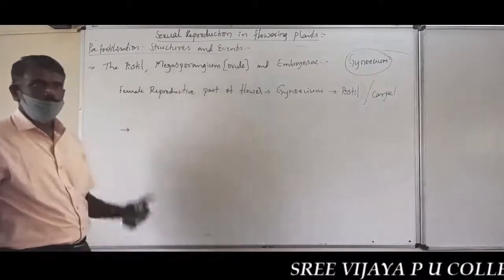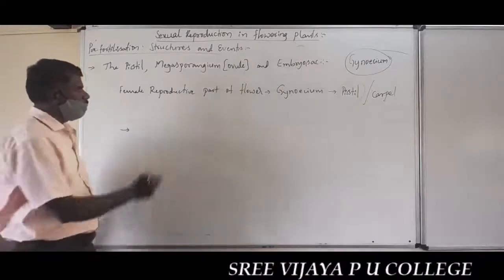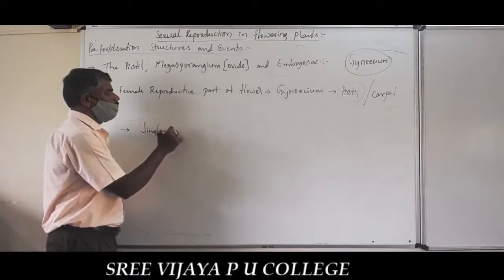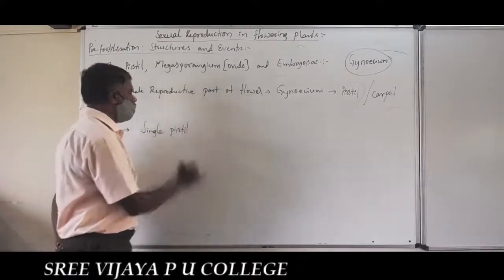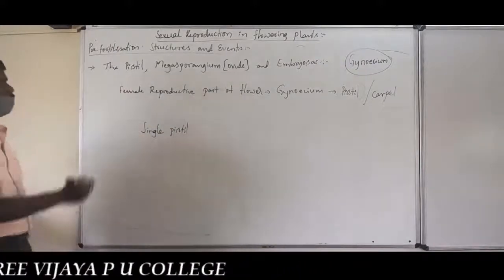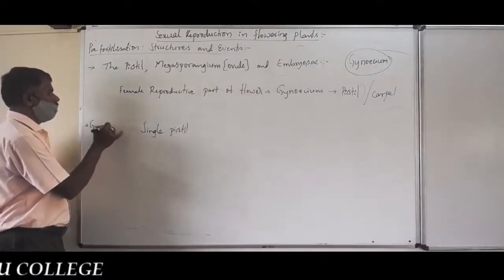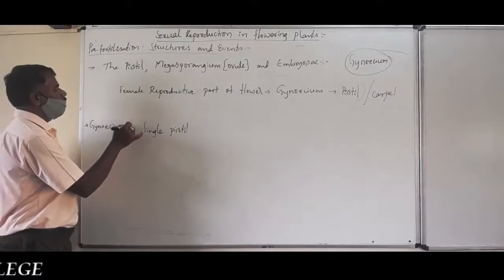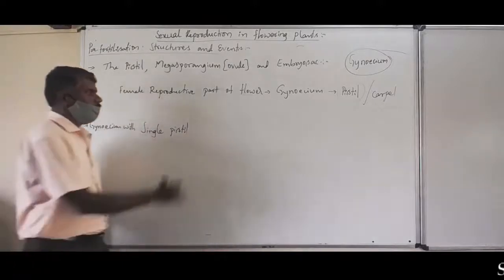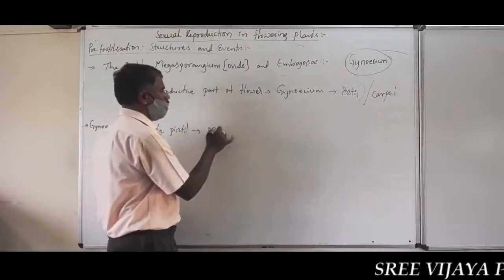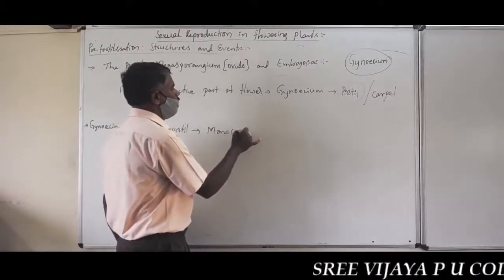If a flower's gynoecium consists of a single pistil, that gynoecium with a single pistil is called monocarpellary.